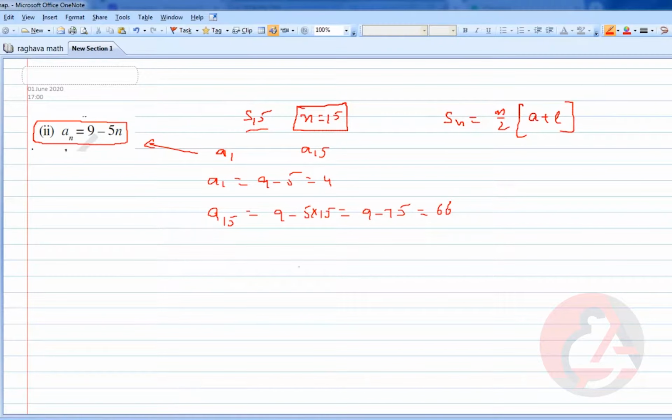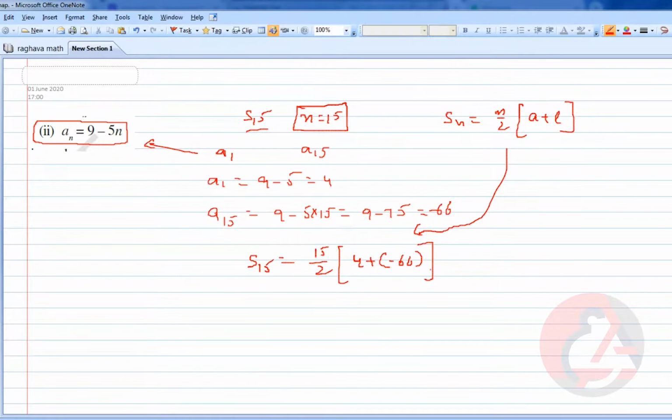So using this, S15 will be equal to 15 by 2 into, using this formula, the a value is 4 and the l value is minus 66.